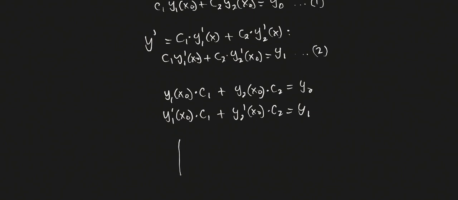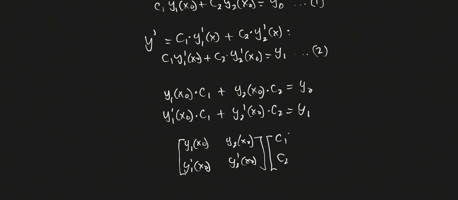So in matrix form, the coefficients are y1 of x0, y2 of x0, y1 prime of x0, y2 prime of x0. My unknowns are c1, c2, and then my b's, if you will, or the constants on the right-hand side of the linear system, are y0 and y1.